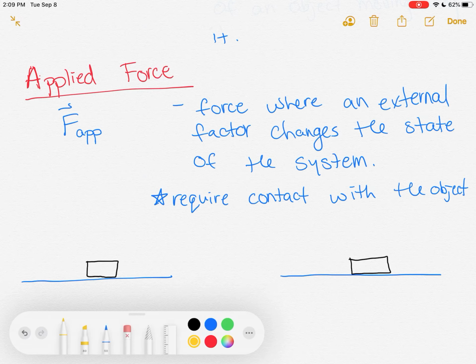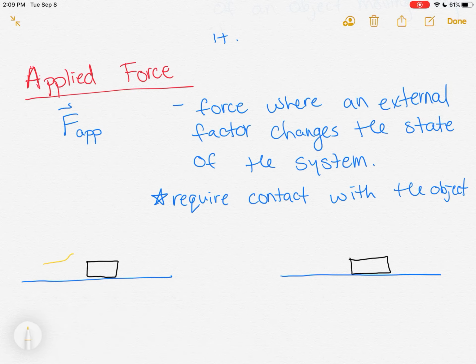Okay, so I'm gonna draw someone pushing the textbook. So this is just someone who is pushing a textbook across a desk, okay? All right, and then same thing here.